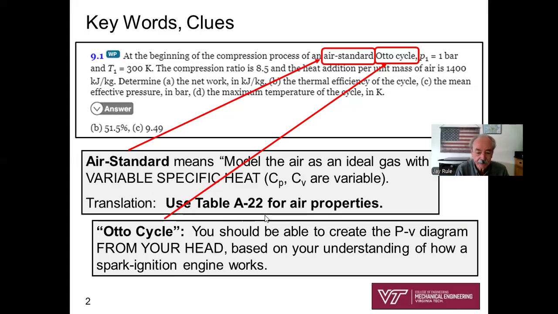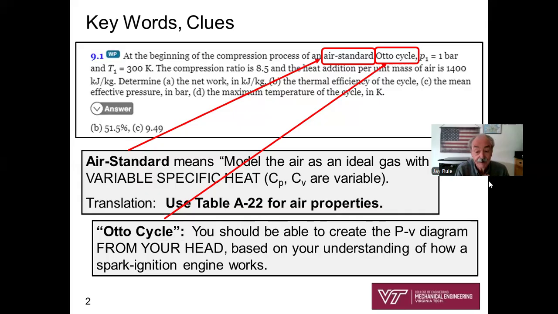What does Otto cycle mean? Okay. At this point, now you might not be able to figure out totally on your own, but I'm going to try to help you get the ability to create the pressure volume diagram from your head based on your understanding of how a spark ignition engine works. So some folks are going to be, oh yeah, I've worked on car engines for years. I'm pretty familiar with that. Others, maybe not so much.